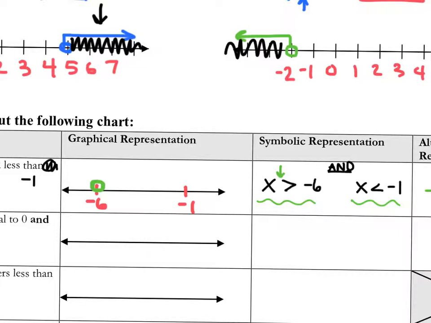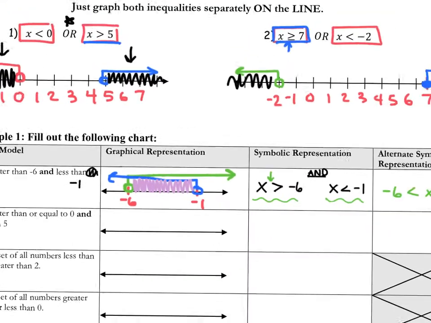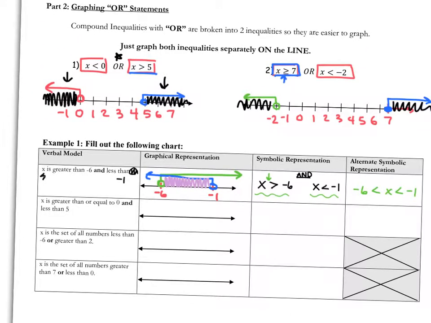So I'll do an open circle on -6, and then this one, x is greater, is going to go to the right. Second one, an open circle. There's no underline. Going to the left because x is less than. And where do I shade? I shade in between because I'm looking for that overlap. Ta-da! There's an and problem.